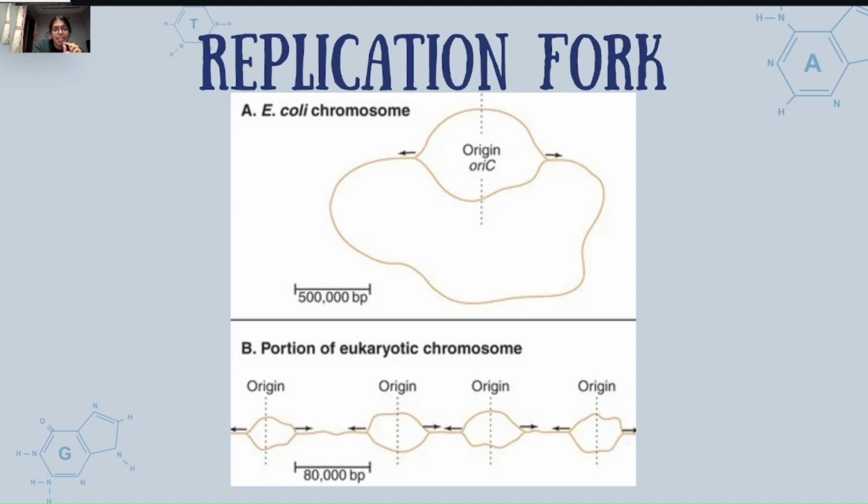So as we can see in the picture that we have added, in the prokaryotic system, where the example is given as E. coli, there are two replication forks which are moving bidirectionally, and in the case of the eukaryotic chromosomes, there are multiple replication forks which are produced and which will eventually merge to form the new DNA strand.